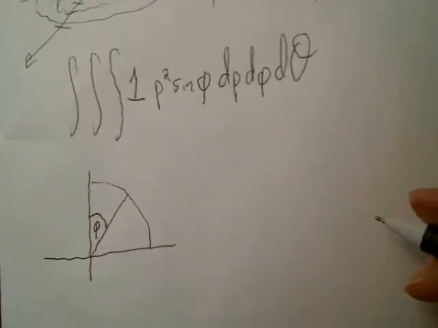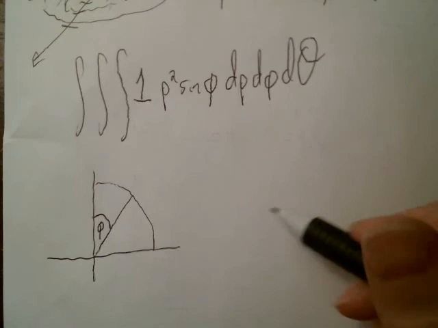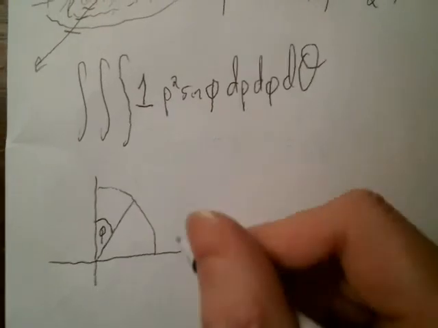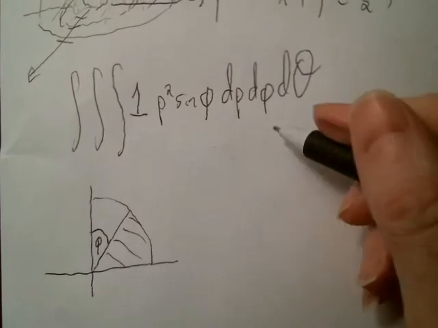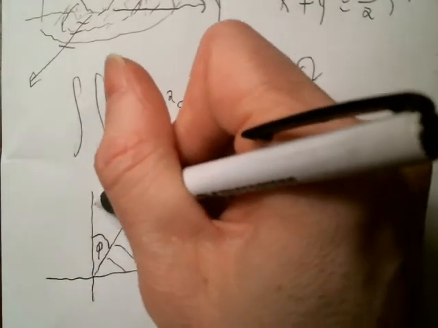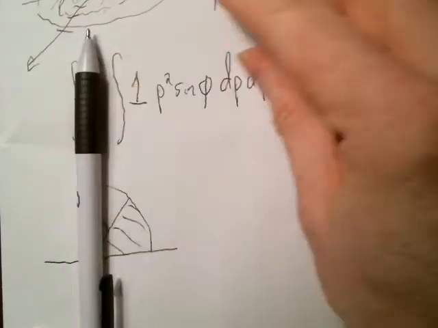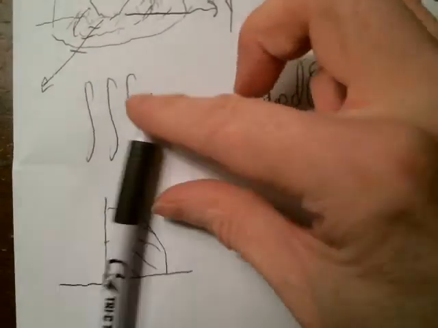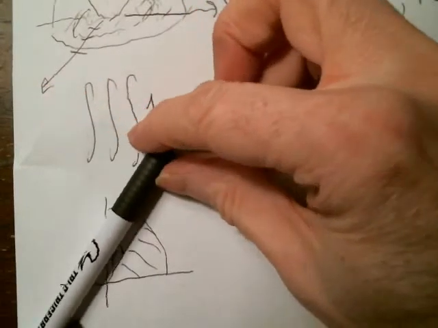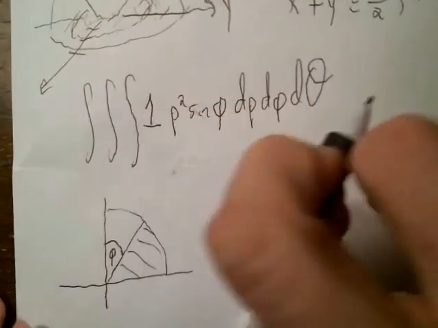The phi values seem kind of obvious. We need this region here to find the volume of. So phi must be going, and remember phi works like this, from 0 to pi over 2. In this region I'm going from 0 to probably like pi over 4 or something.